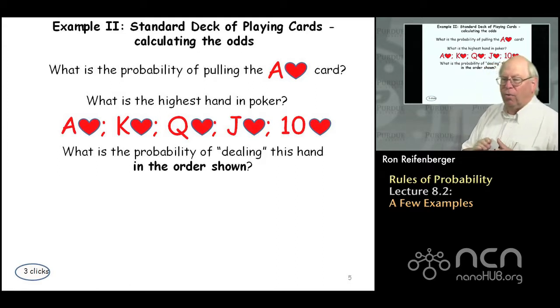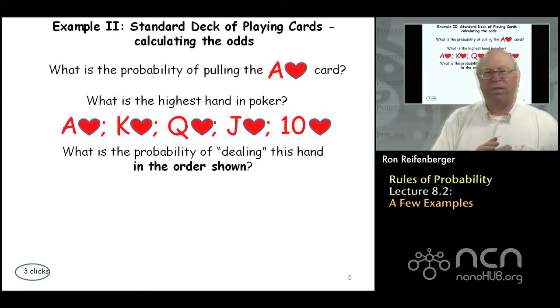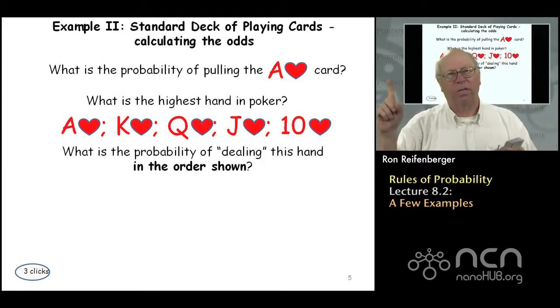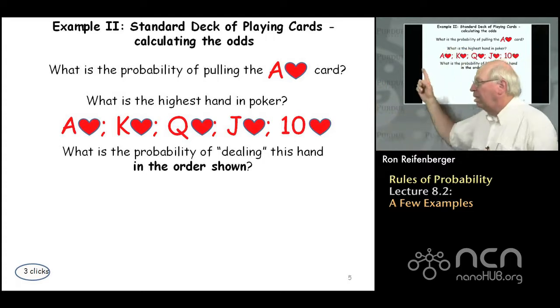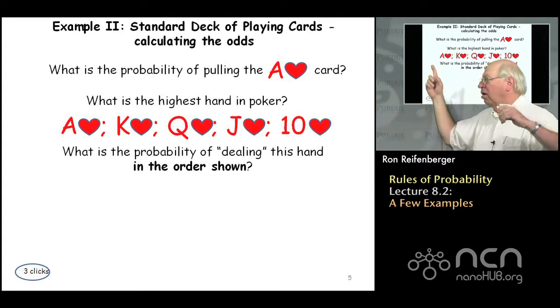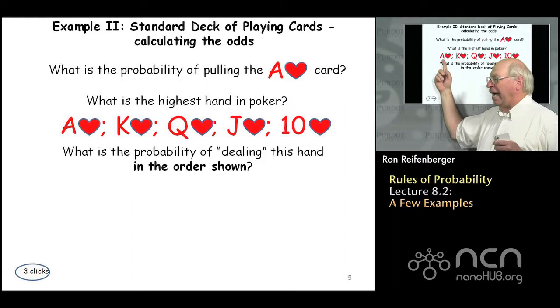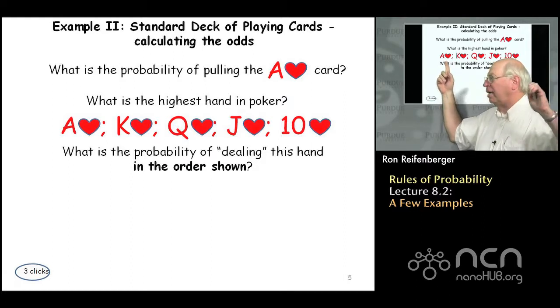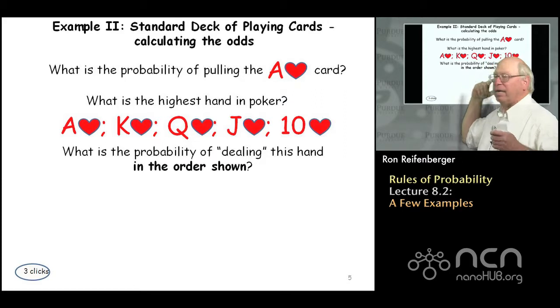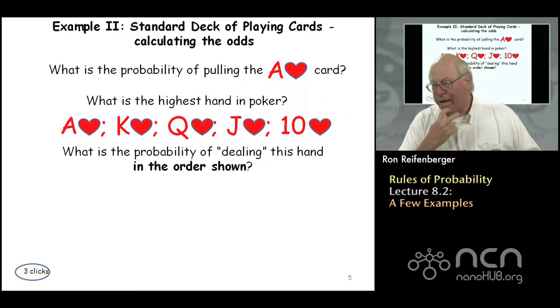So what is the probability of dealing this hand in the order that's shown? In other words, if I take my random deck of cards, what is the probability that on the top of the deck I've got the ace, the king, the queen, the jack, and the 10, all of hearts?